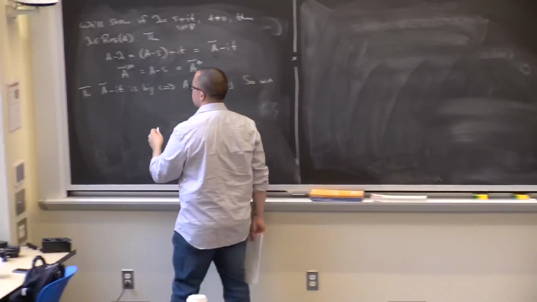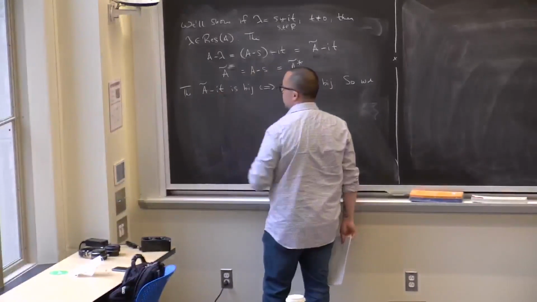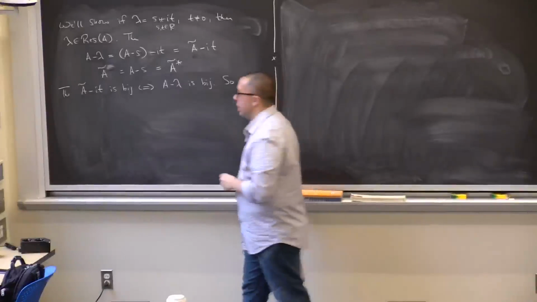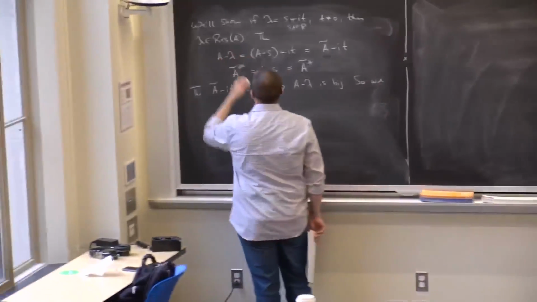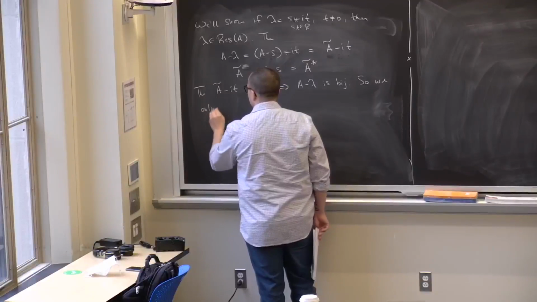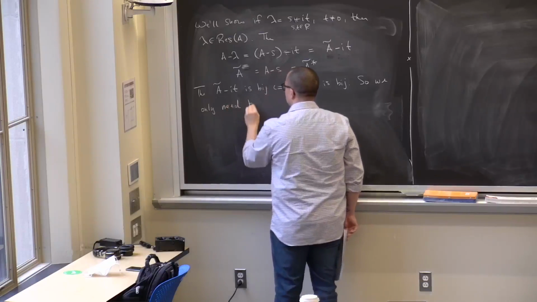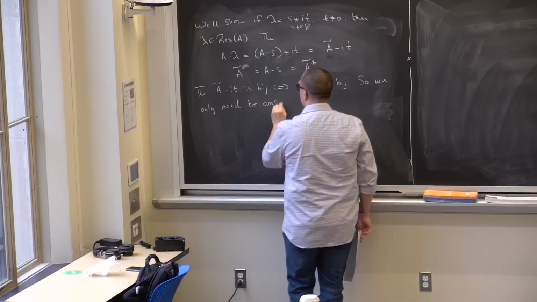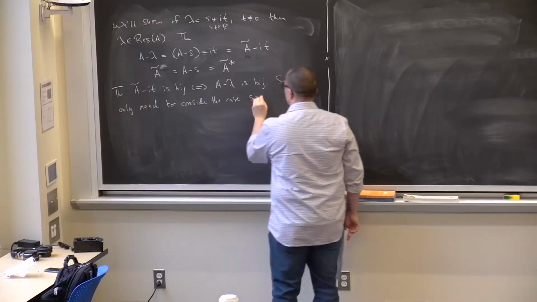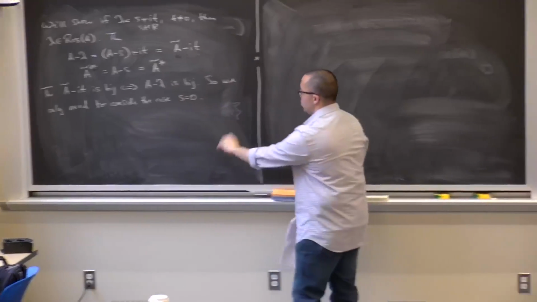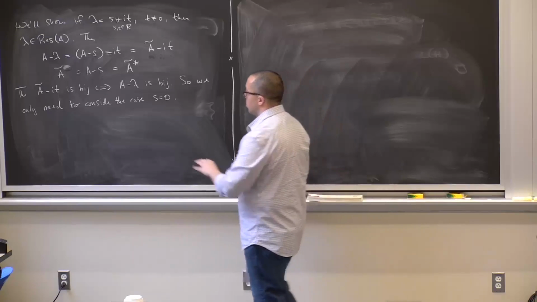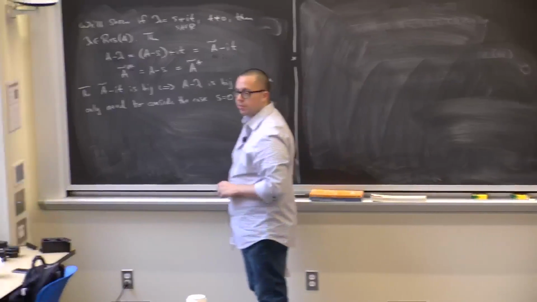So we only need to consider the case S equals 0. Rather than writing A tilde over and over again, I'll just switch back to A. So rather than do the argument for A tilde minus it, I'm just going to set S equal to 0 and start doing the argument for A minus it. Okay?